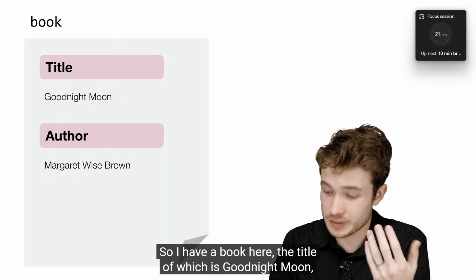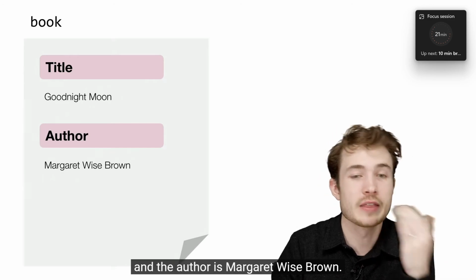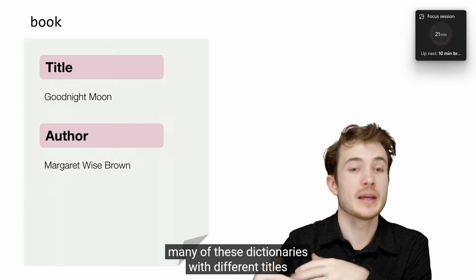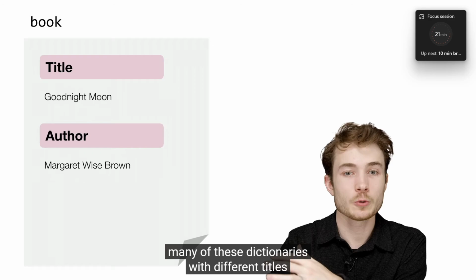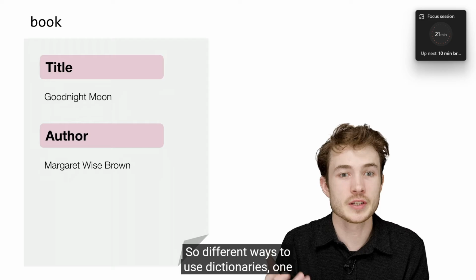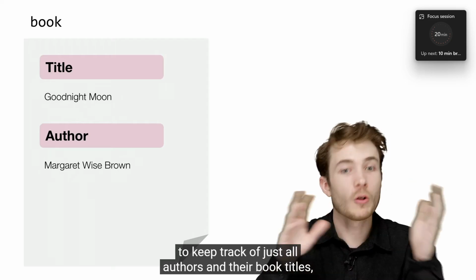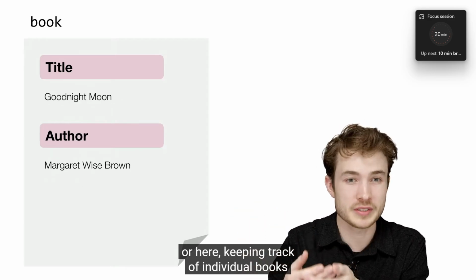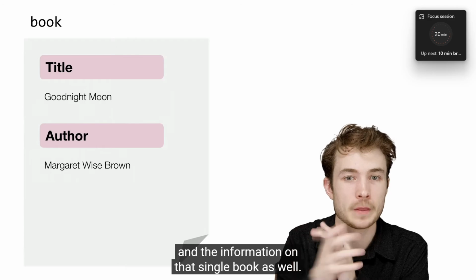So I have a book here, the title of which is Goodnight Moon, and the author is Margaret Wise Brown. But you could imagine I have maybe perhaps many of these dictionaries with different titles and different authors in the end. So different ways to use dictionaries. One, to keep track of just all authors and their book titles, or here, keeping track of individual books and the information on that single book as well.